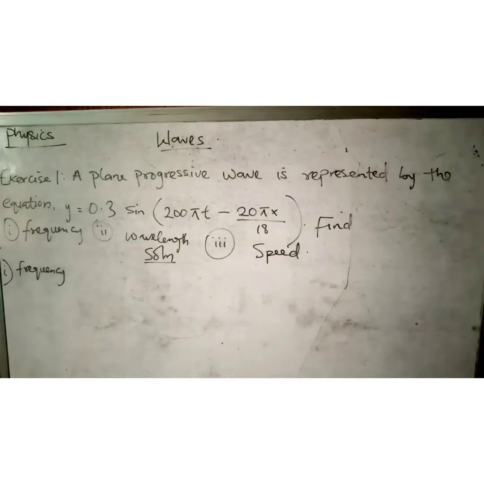Our exercise number 1 says a plane progressive wave is represented by the equation y equal to 0.3 sine bracket 200 pi t minus 20 pi x over 18. Find I frequency, II wavelength, III speed.